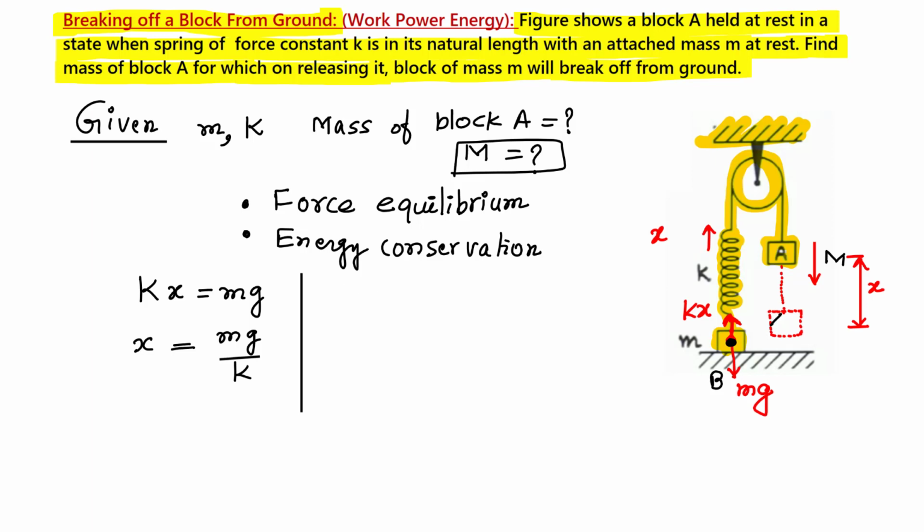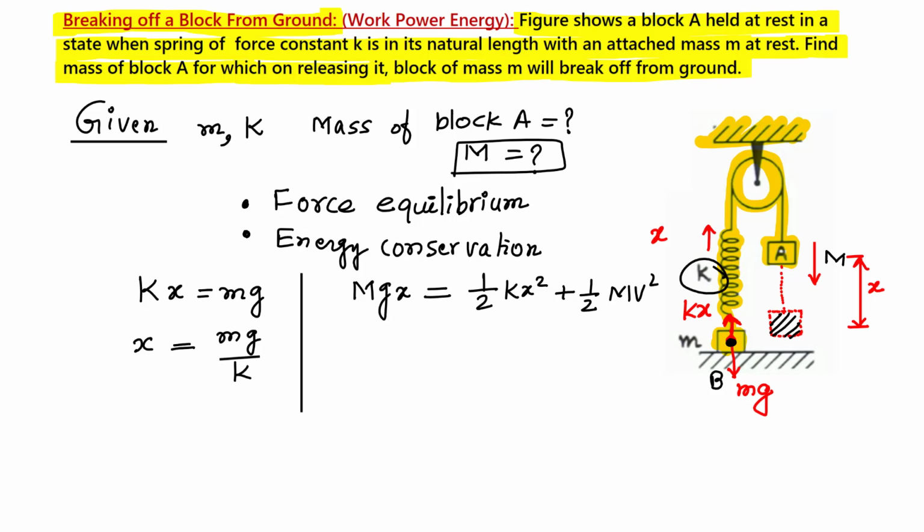This mass has gone down, so it is Mgx. Where has this energy gone? Some part of this energy has gone in the spring, half kx square, and some part in the velocity of the mass, that is half mv square.